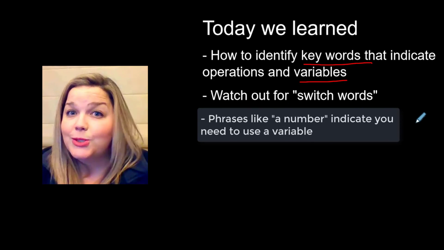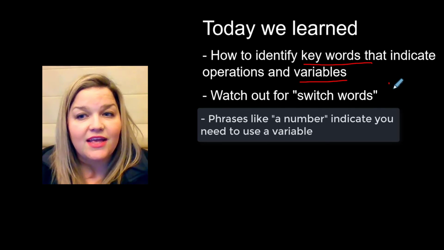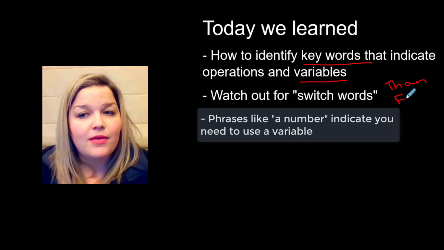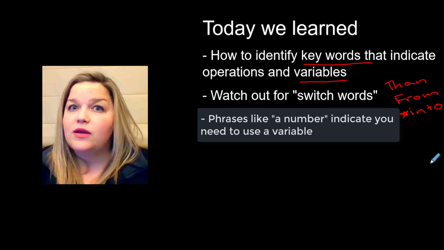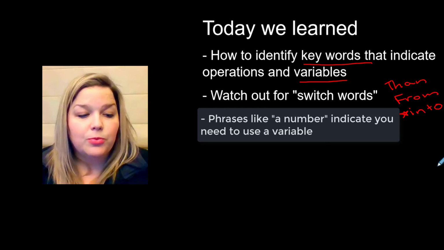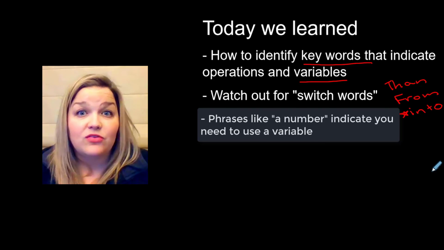Watch out for those switch words. Some of the switch words we talked about were than, from, and sometimes into. I'll put a little star by into because that's a sometimes. When you see the word into, you should really read the whole sentence and think about what it's saying, and it might be a switch word.